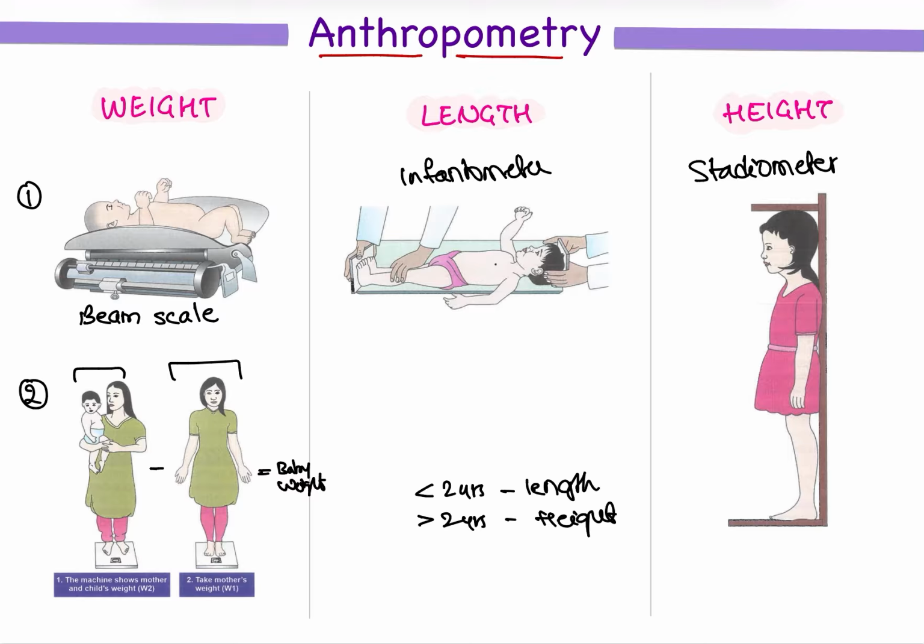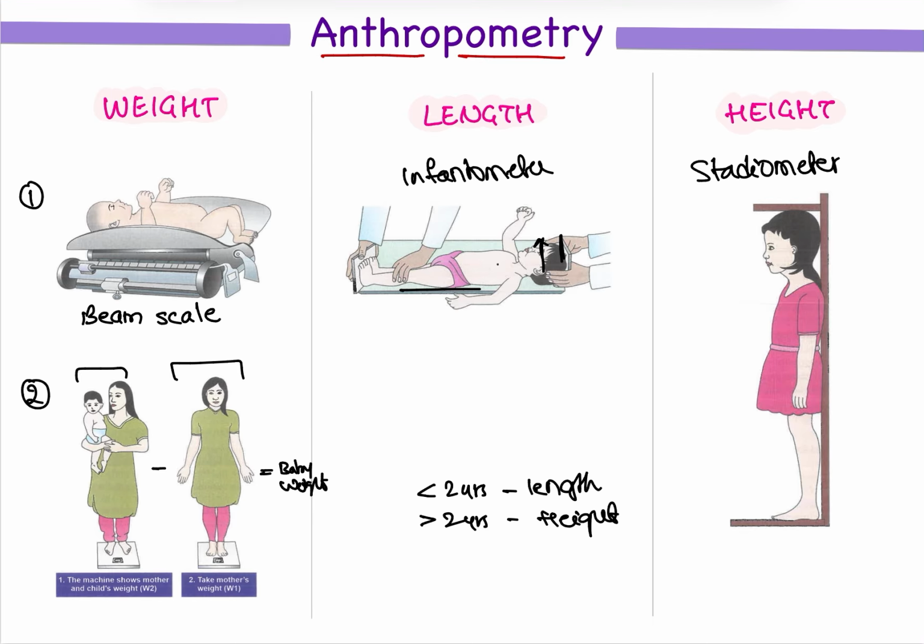For measuring length, we have to keep the baby on the infantometer. Head should be attached to the headboard. The baby should lie supine. Eyes should project perpendicular to the board. We have to bring the footboard to the foot and length is measured.